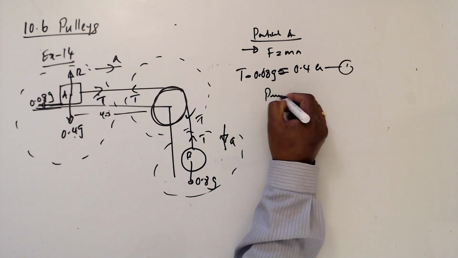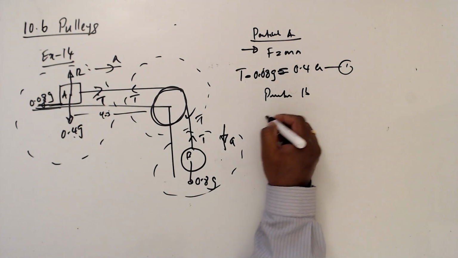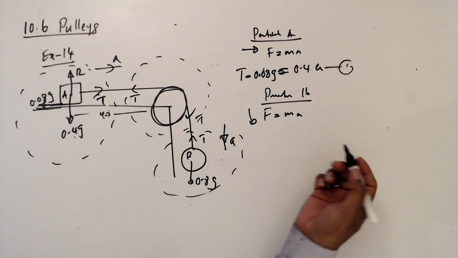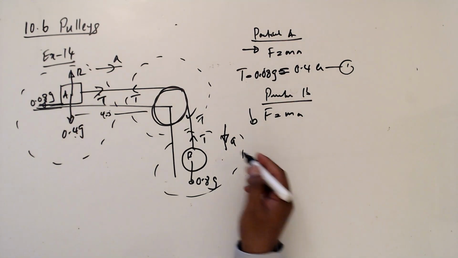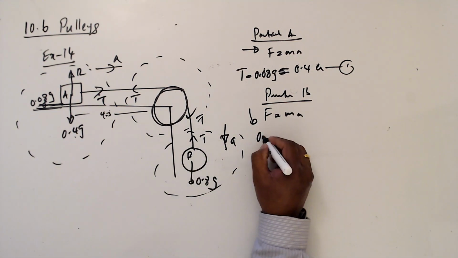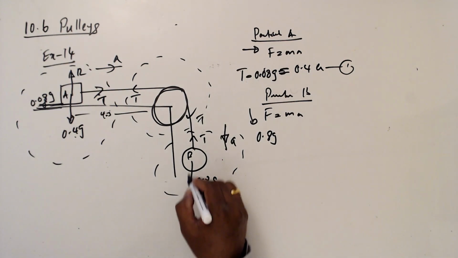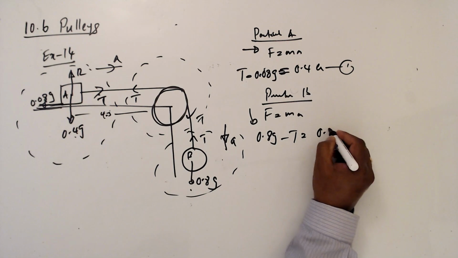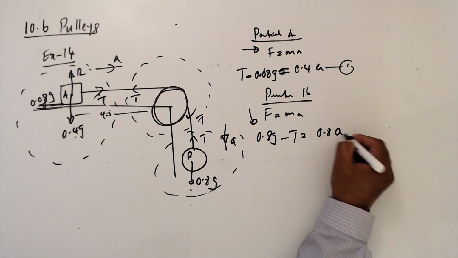So for particle B, F equals ma downward. This is how we have to always do. 0.8 g is positive, minus T equals 0.8 times a, that is equation 2.